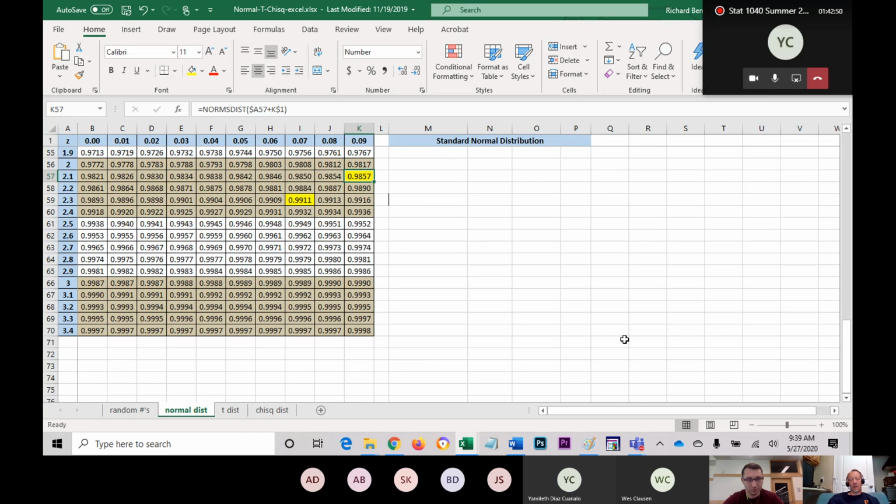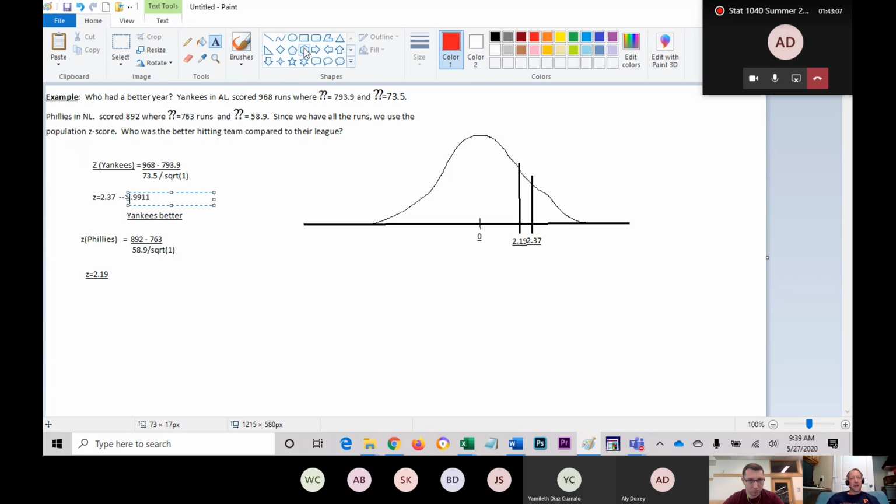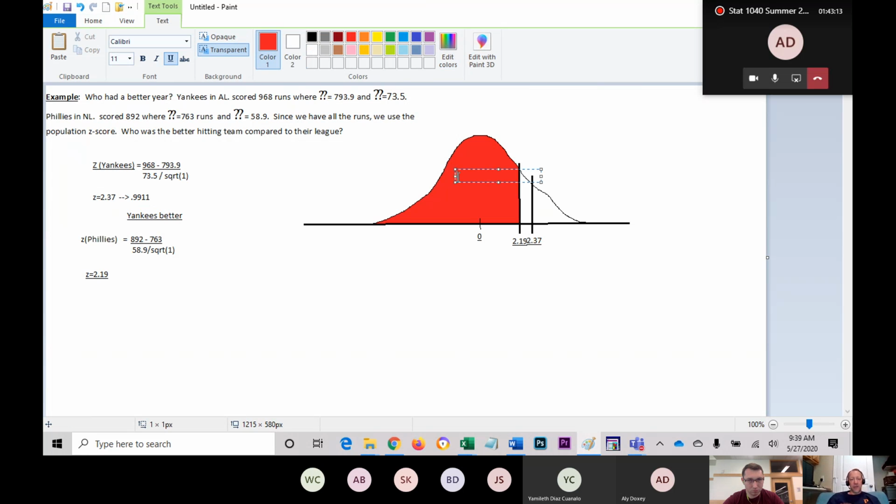Yes. Okay. Question. So these numbers on the table, what exactly is the significance of those numbers? Okay. So here I'm going to draw, the Phillies are a red team, so we will draw this in red. And the idea behind this is, the area to the left of the Phillies, oh, we need a different color than red.